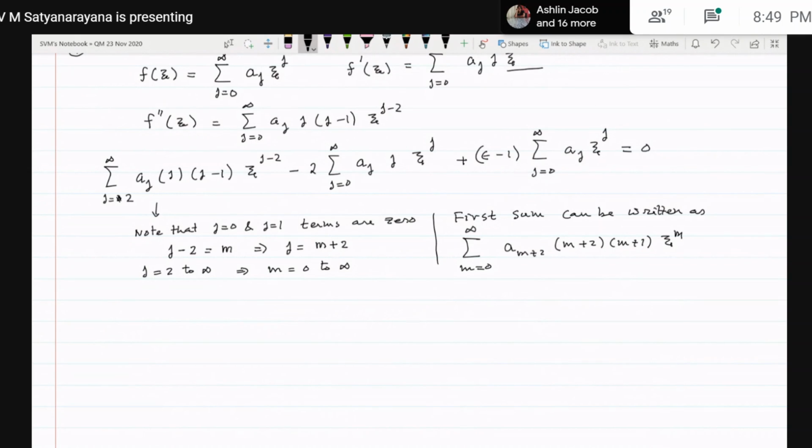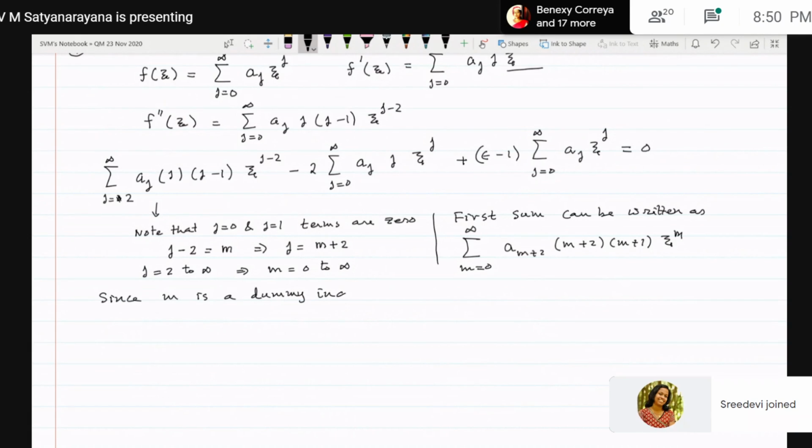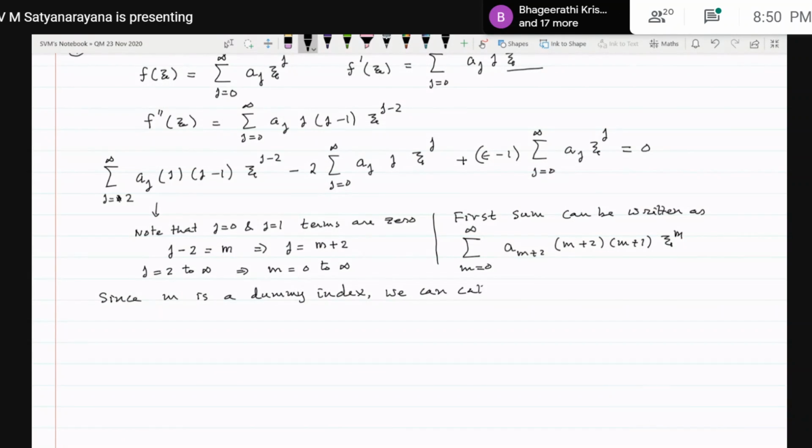So since m is a dummy index, we can call it j as well. So when you do that, you have an equation like this.